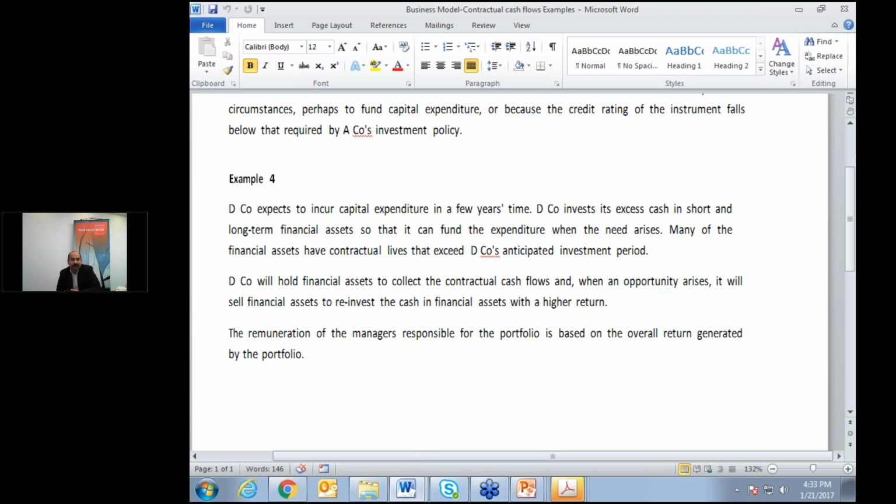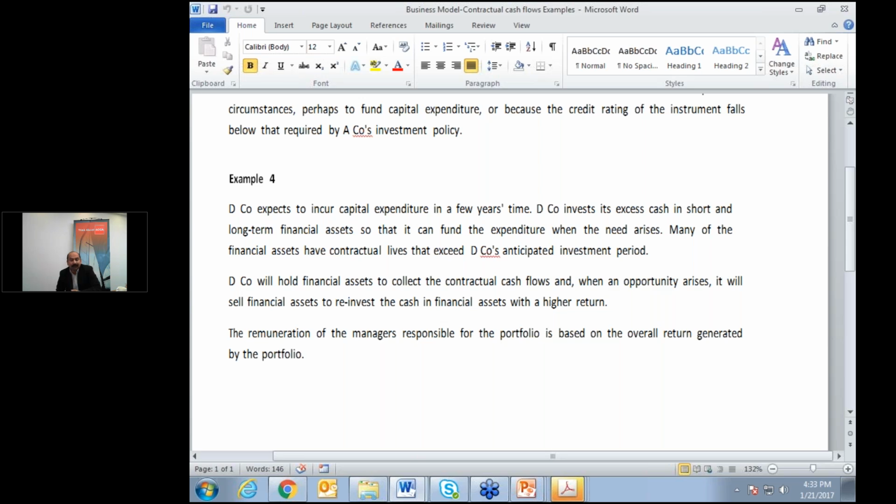So what is the analysis? See, the objective of the business model is to maximize the return on the portfolio to meet everyday liquidity needs. And F Bank achieves that objective by both collecting contractual cash flows and selling financial assets.